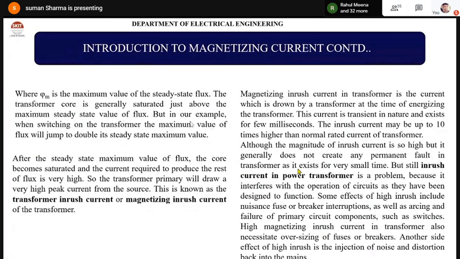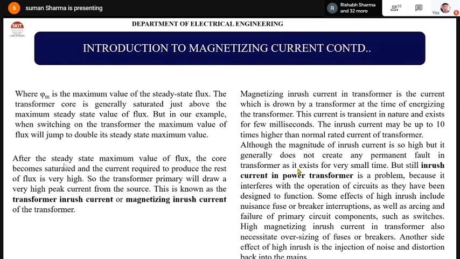But in our example, when we are switching the transformer, the flux will jump to double its steady state maximum value, because what we are getting by integrating flux phi is 2 times phi m. So it is not saturating at phi m, but it is jumping to double of its steady state value phi m.